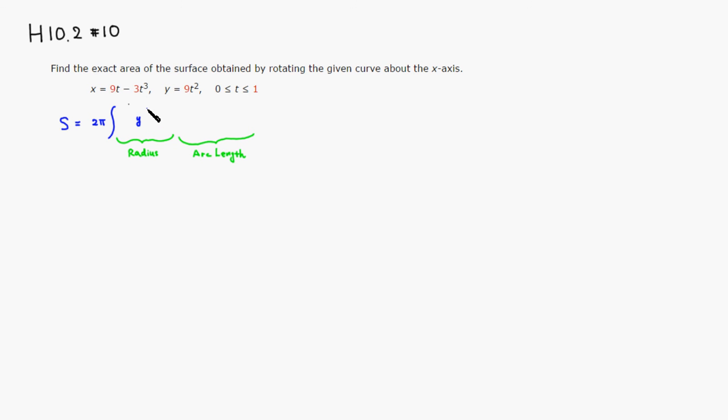Then arc length, if you want to do it with respect to t, is the square root of the derivative of x with respect to t squared plus the derivative of y with respect to t squared, dt.